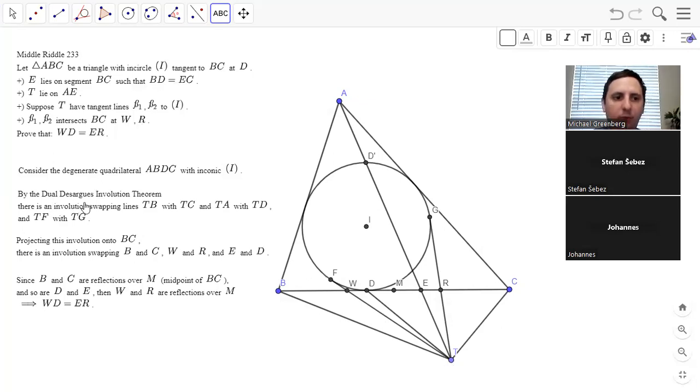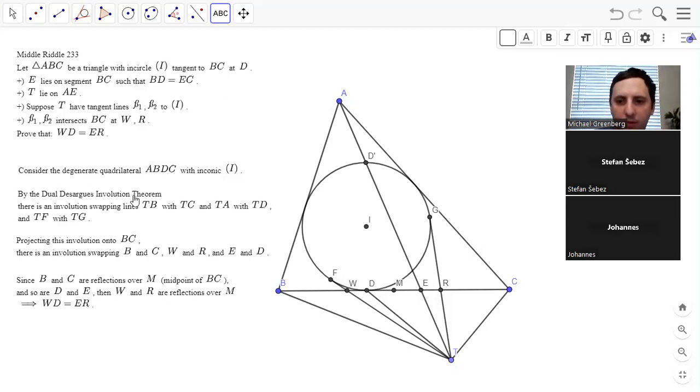That's just the dual Desargues involution theorem. It just says you can take tangents from that point T to the conic. That's what this theorem lets you do.